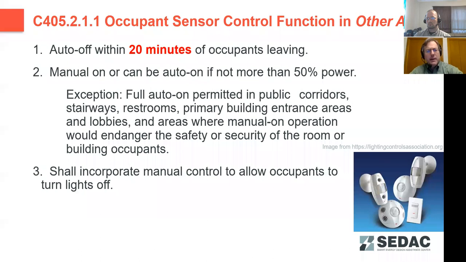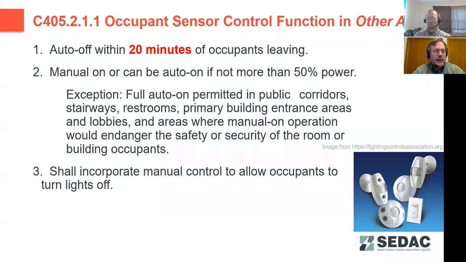So with this, it would be fairly difficult for a public corridor to say, okay, we're only going to bring on half the lights, and then the occupants have to do something to bring on the other 50%. That wouldn't really be conducive to good building operations.